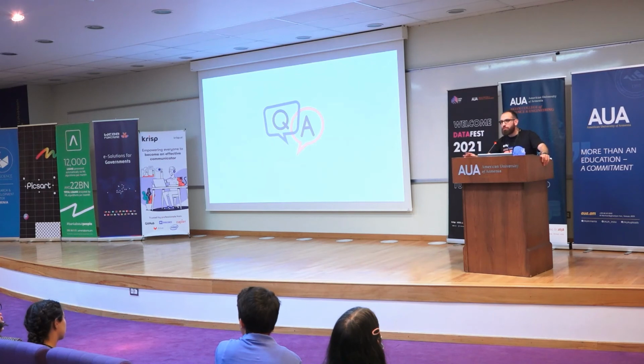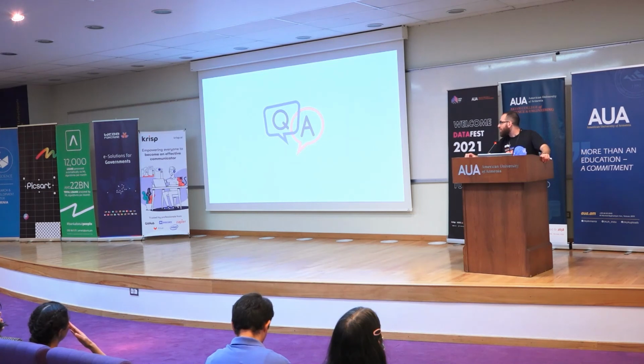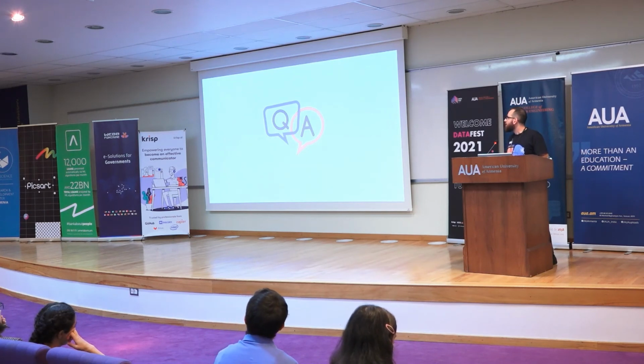That not 100%, but to some extent solves the problem of imbalanced data. And regarding the transformers, we have not yet tried them at Krisp for visual emotion recognition, but we do use them for many other projects and tasks.